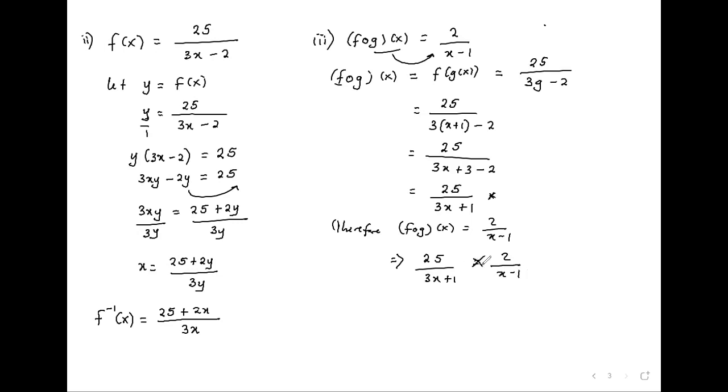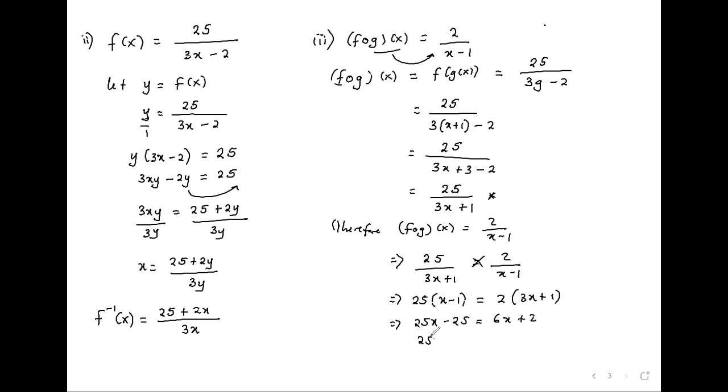So you cross multiply, we'll have 25 open x minus 1 is equal to 2 open 3x plus 1, which gives us 25x minus 25 is equal to 6x plus 2.